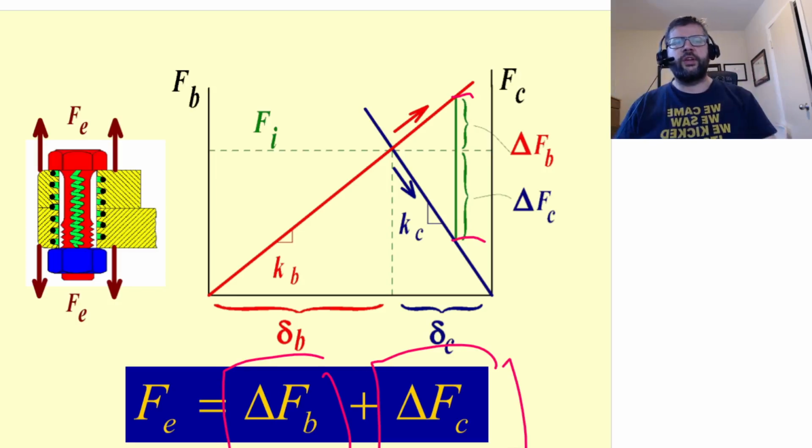When you try to stretch it apart, you're going to increase the tension in the bolt and decrease the compression in the joint. Add those two things up and it equals the magnitude of the external load.